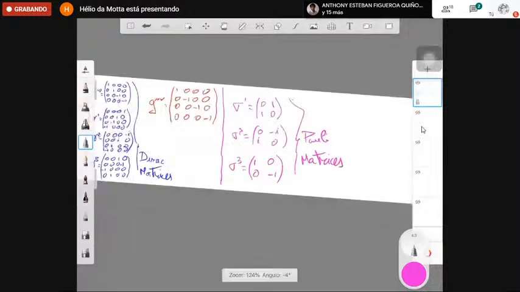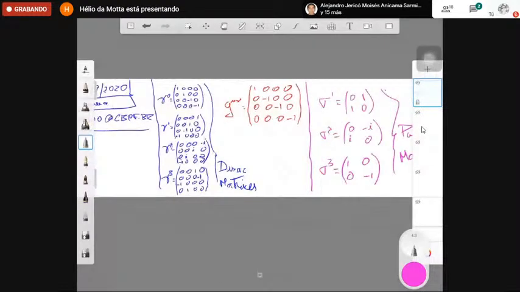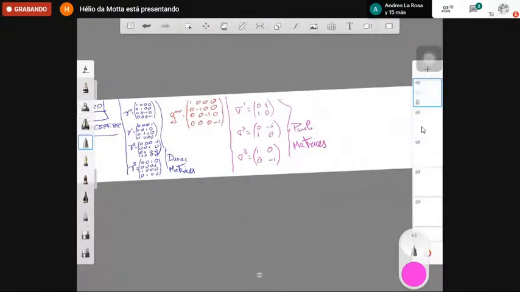Note that we can write this gamma matrix as arrangements of the Pauli matrices. That's what is done sometimes.